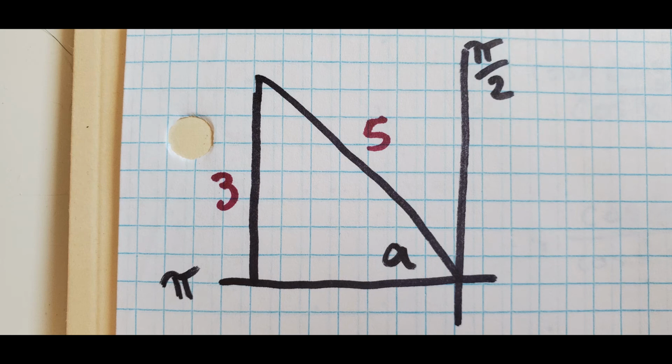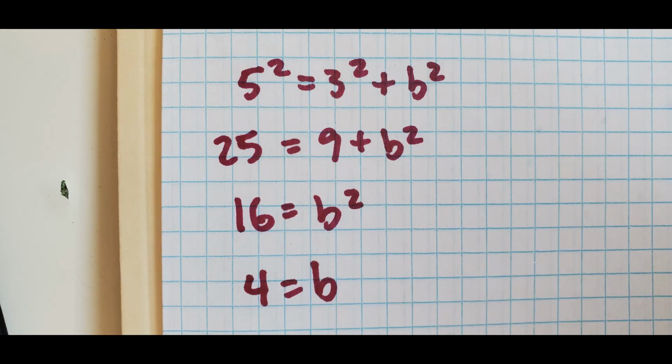So it has to look like this orientation and everything. So all we're going to do is find that missing side. If you know your Pythagorean triples, you probably know this one. This is one of the easier ones. If you don't, use the Pythagorean theorem: we're going to get 5 squared equals 3 squared plus b squared. Do all the work, and we're going to find out that the missing side is 4. So we come back and write the 4 there.